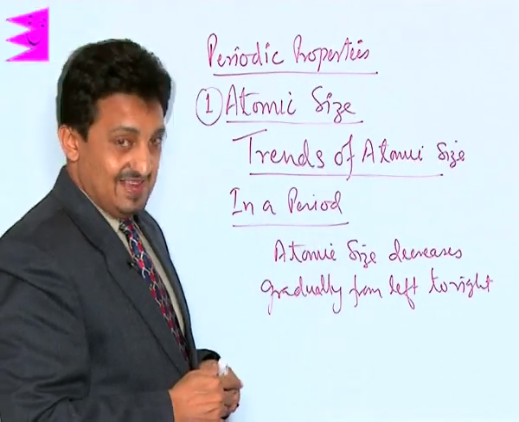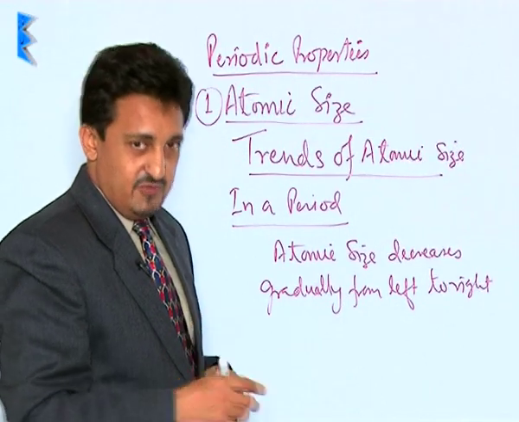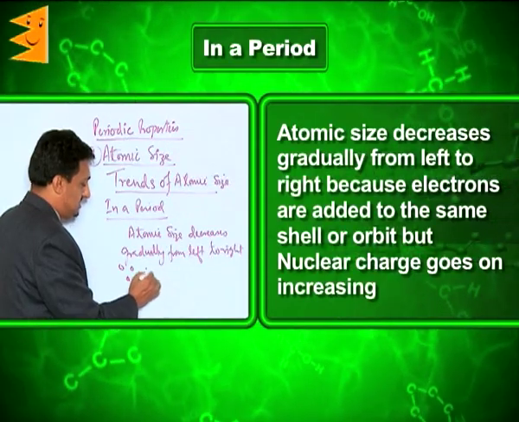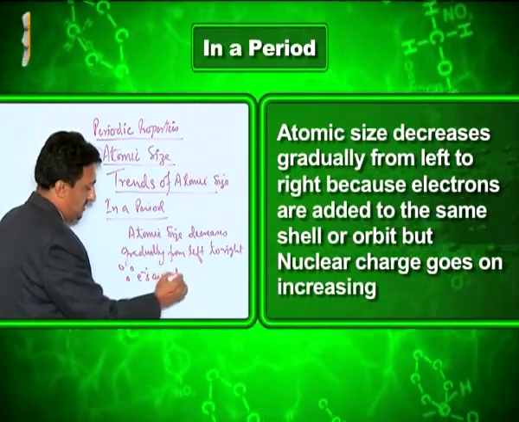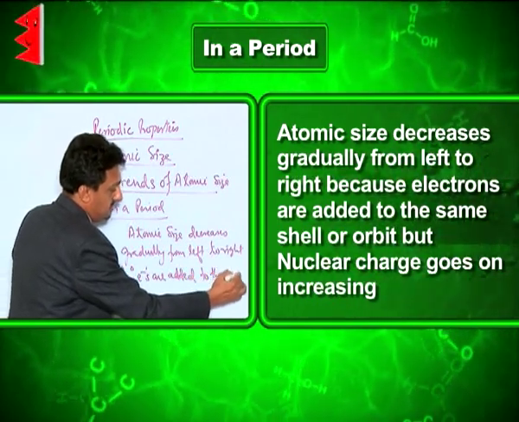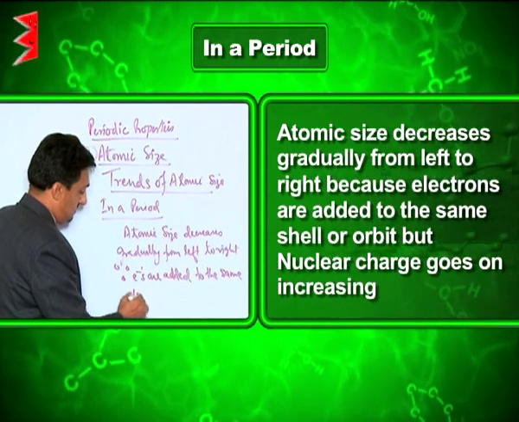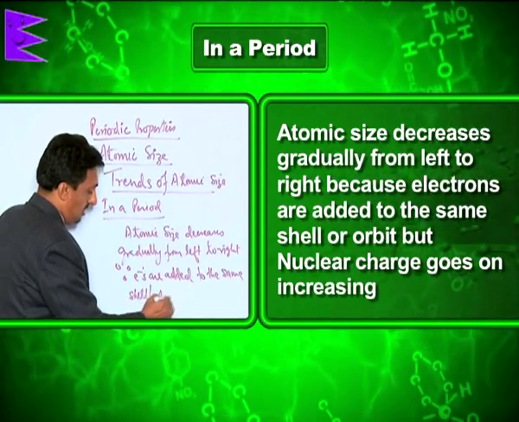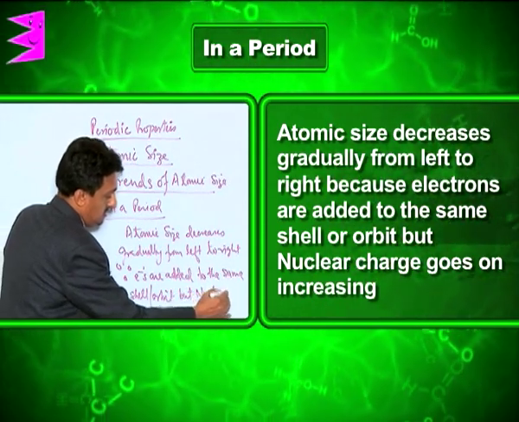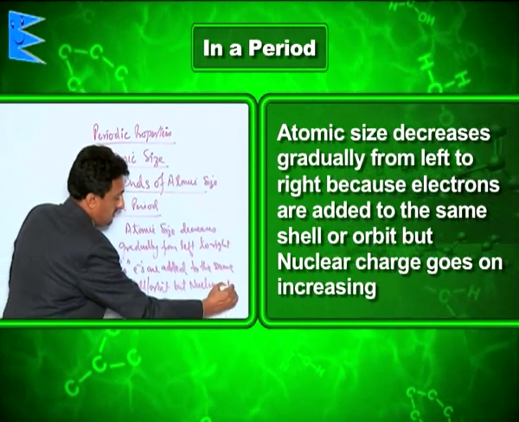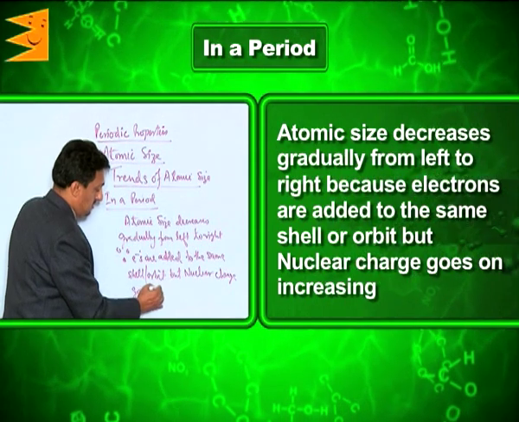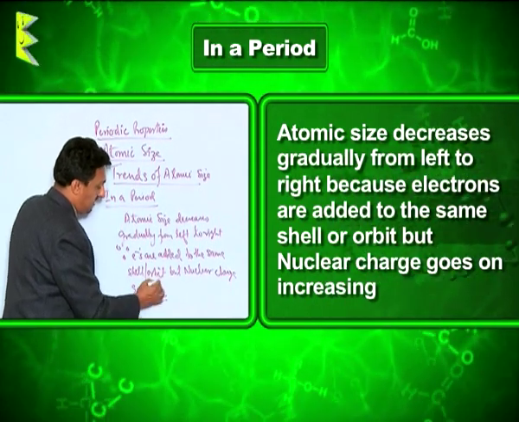What is the reason for this decrease? The reason is pretty obvious. It happens because electrons are added to the same shell or orbit, but nuclear charge goes on increasing.